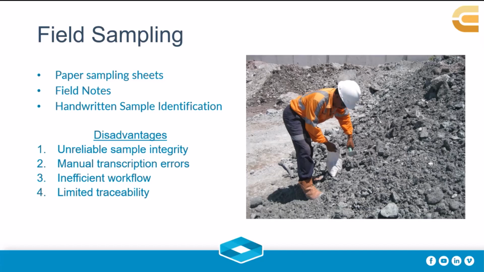Paper-based records for field notes can be easily lost or damaged. Handwritten sample IDs can sometimes be hard to read or mislabelled, which obviously affects the sample integrity. There are also issues where samples are misplaced and not delivered to the laboratory at all. Obviously, a disadvantage of this manual process.